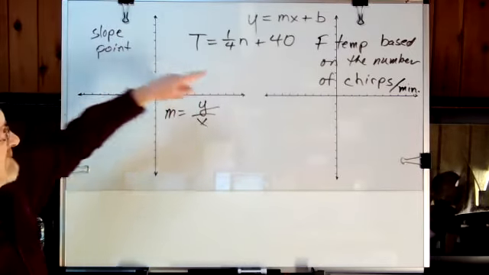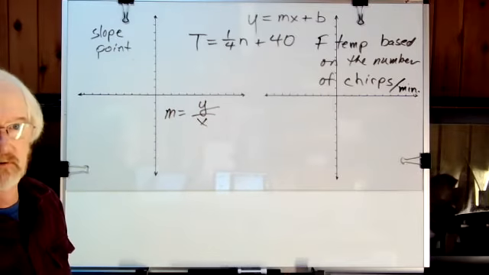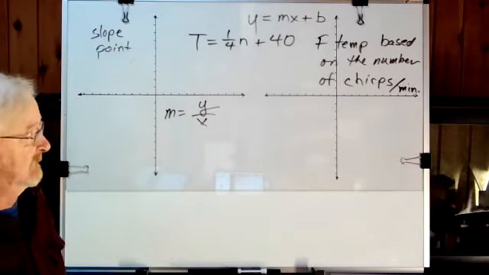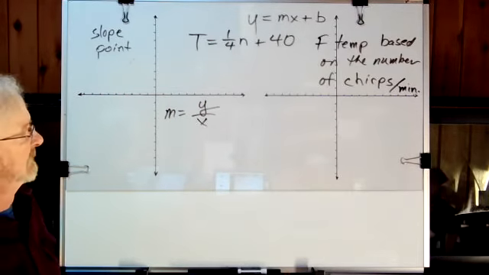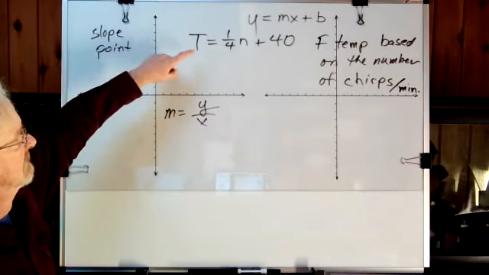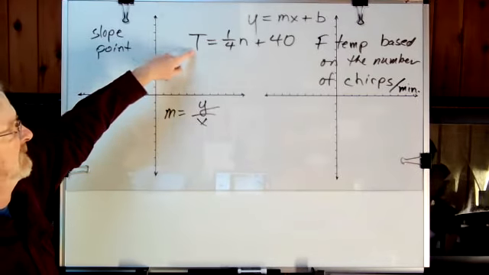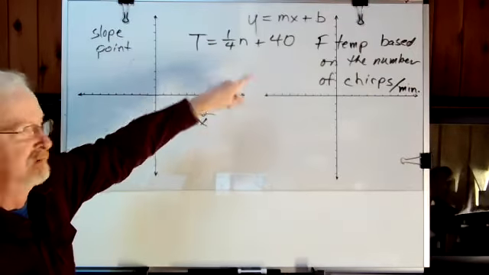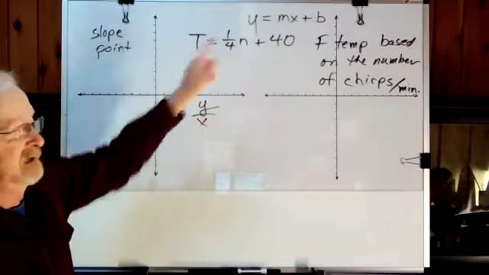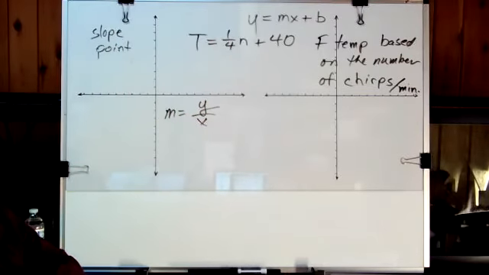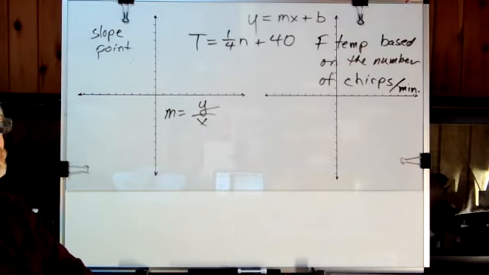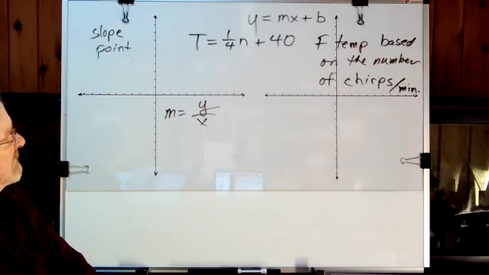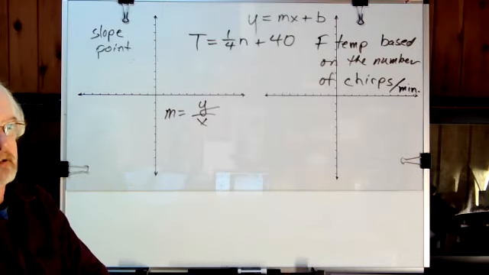What are the units in this problem for the y values over the x values? Temperature divided by chirps. The temperature depends on the number of chirps per minute.